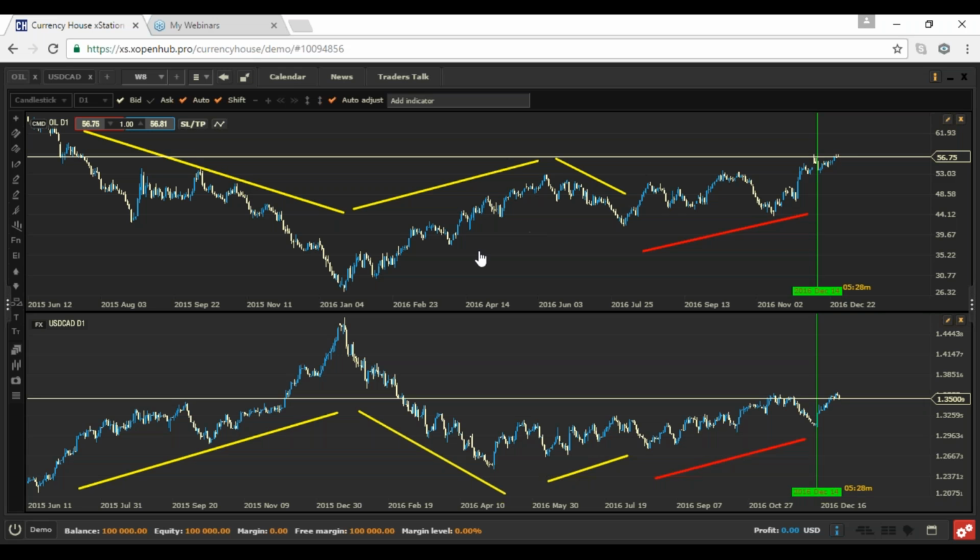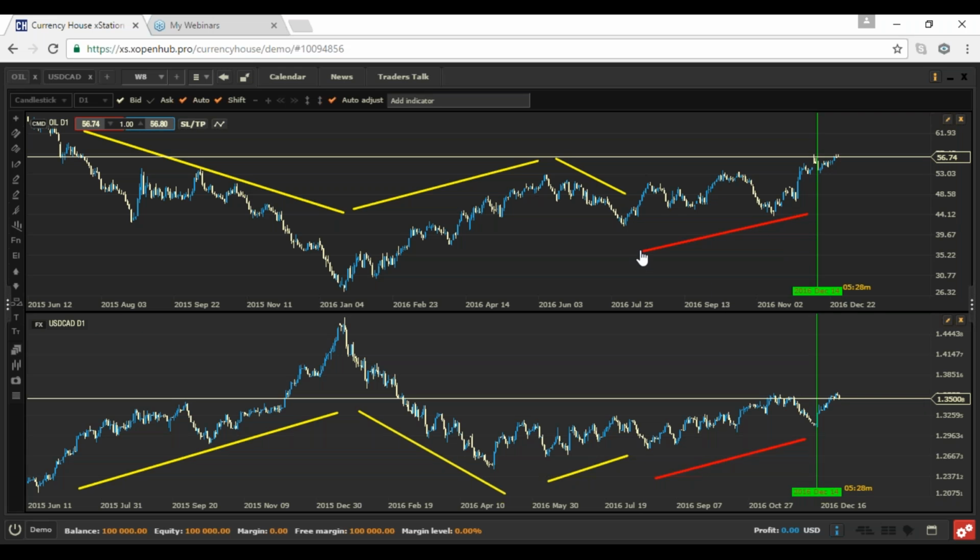In case oil is going up, the USD CAD is going down, and we see the continuation of the same story. But if you take a look at the period starting from the middle of the summer of 2016, you can see a huge divergence here.